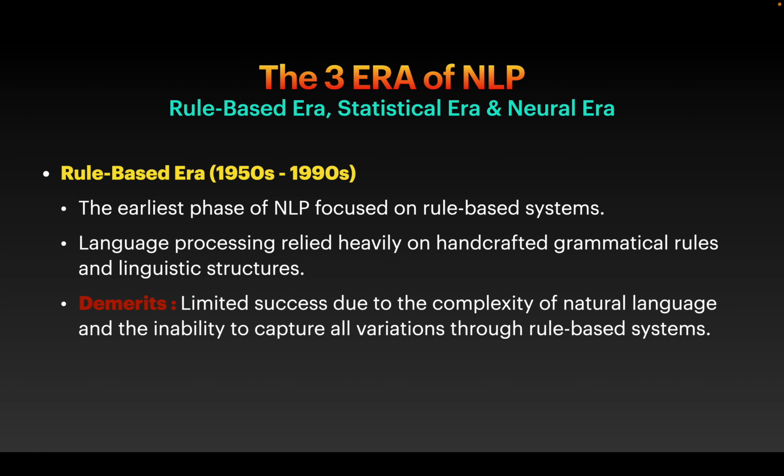The rule based algorithm is really easy, and even if you are not from a technical background you will understand it. The rule based era was the earliest phase of NLP, focused on rule based systems. Suppose you are doing text classification or sentiment classification, whether a movie review is good or bad based on the words we have.